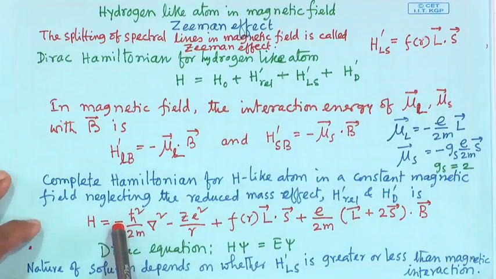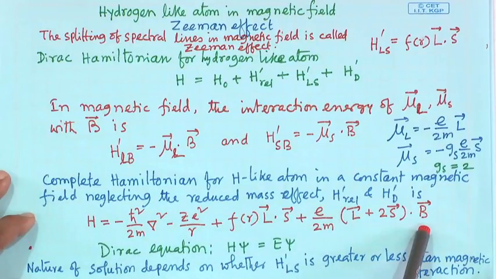That is why I have written the complete Hamiltonian for the hydrogen-like atom in a constant magnetic field: H0, the LS coupling term, and the magnetic field interaction term.